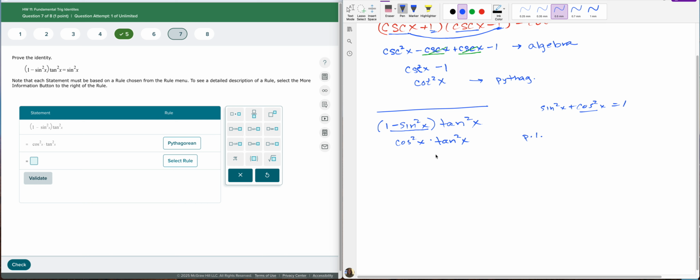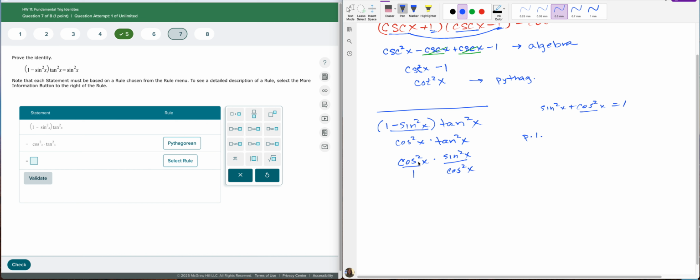Now we want to keep going. We know that our final thing should be sine squared x. So I'm going to rewrite tangent in terms of sine and cosine. So this would be cosine squared x, and then instead of tangent, I'll say sine squared x over cosine squared x. And I can see this kind of emerging.